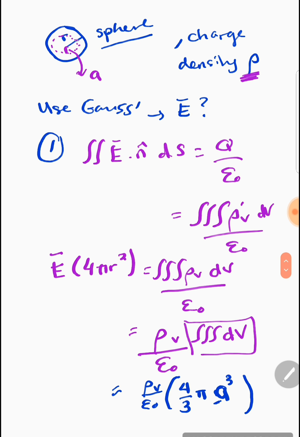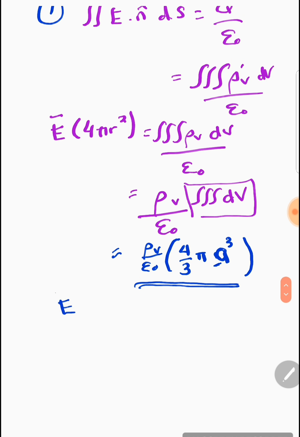In other words, your Gaussian surface is denoted by the purple dash here, and therefore the surface enclosed is also given by the radius a. Do you see the difference here? When it is inside a sphere, you actually get some charge and you get electric field for it.